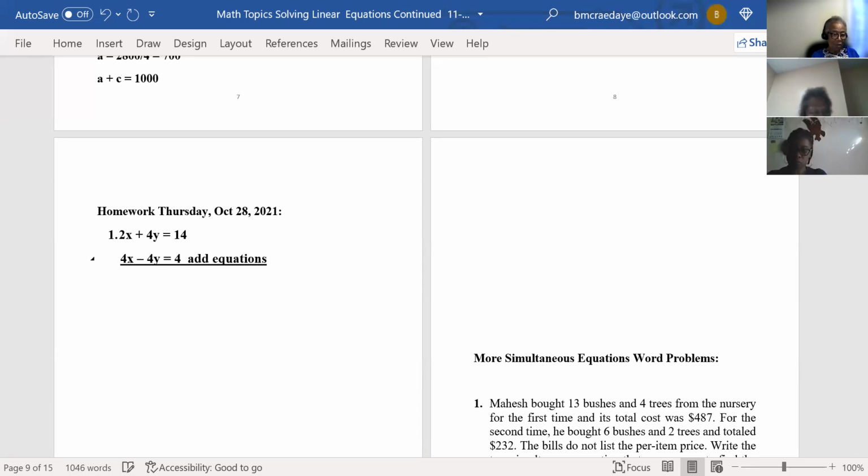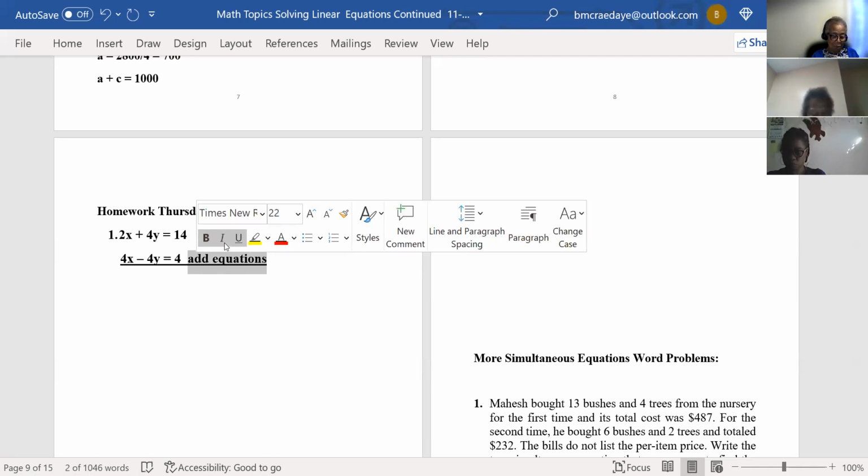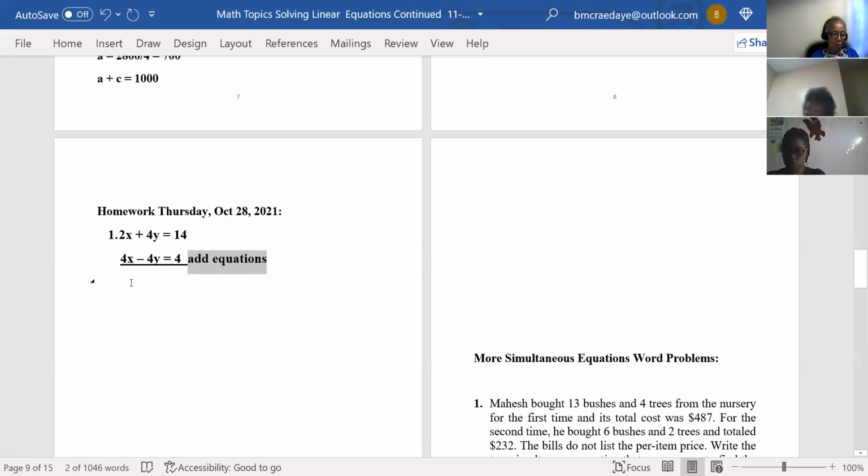You don't have to do anything to them, just add them because you've got something in common for these two equations. So you're right, Vanessa, you get 6x here. And this plus 4y minus 4y is 0. So that would just be 6x. And what's 14 plus 4? 18. So you know the answer then. What's the answer? 3.